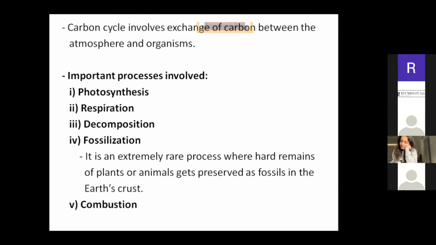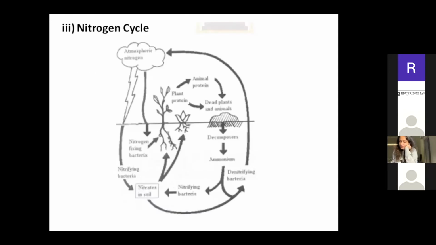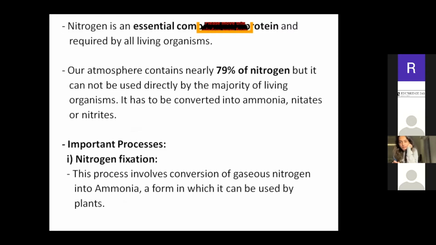Next now. So these two cycles were not very important, but now the nitrogen cycle is very important. Fine. So though this is not very clear, let me explain this. We all know that nitrogen is available in nature, and it is nearly 79% of all atmospheric gases.